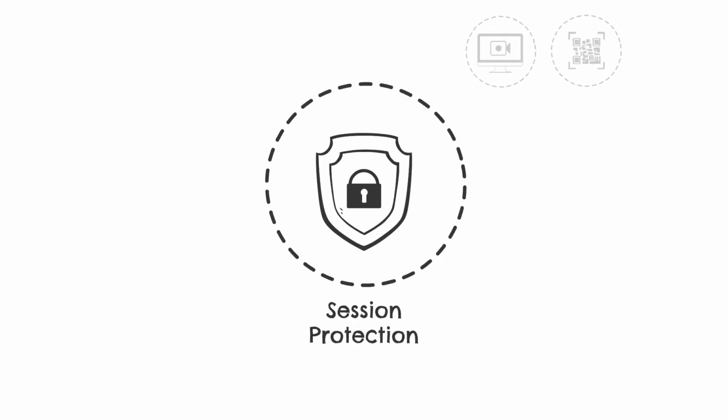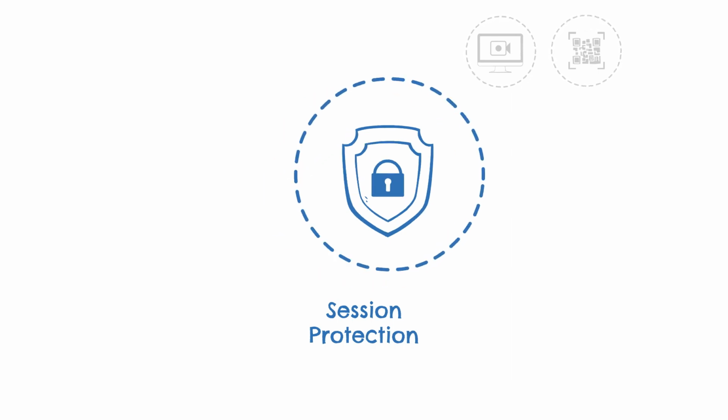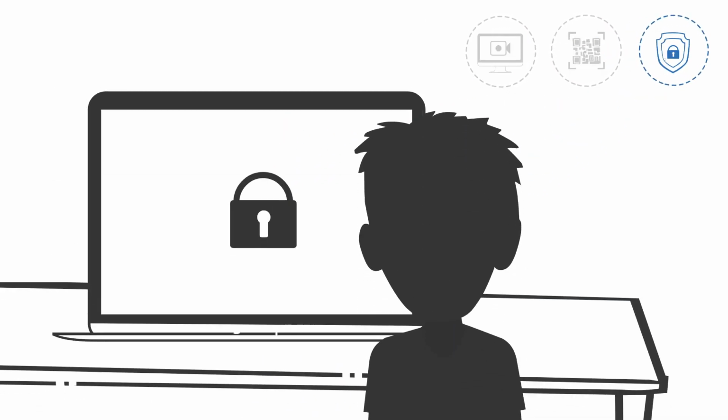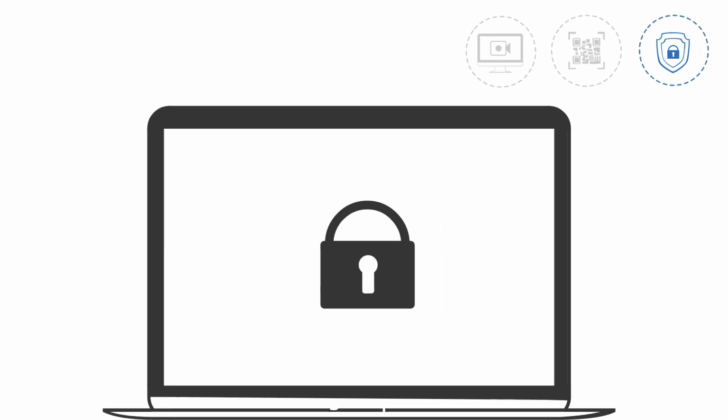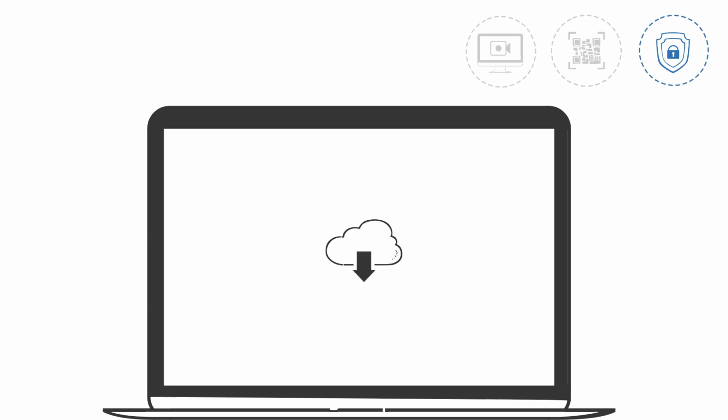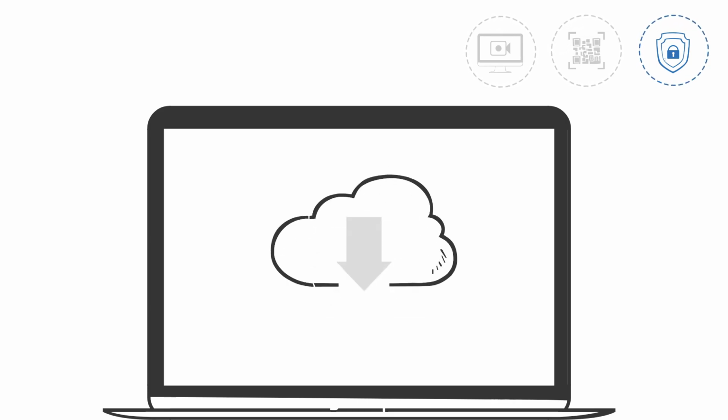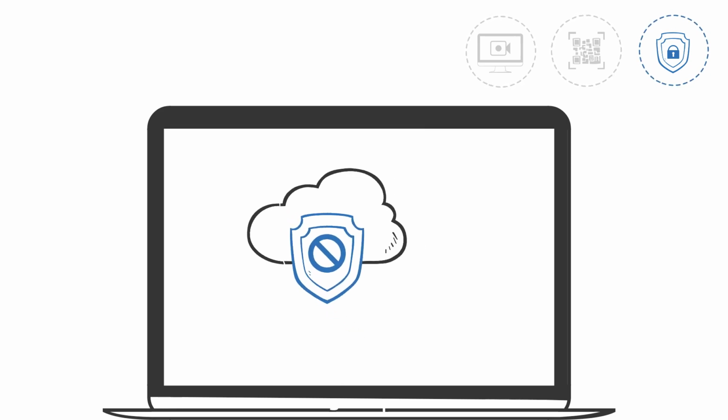The third and last security layer is session protection. This layer includes various capabilities that provide client-side protection for the user's sensitive session. Here are a few protection examples that you can add at the browser level. Blocking downloads from the web application to prevent malware infection.